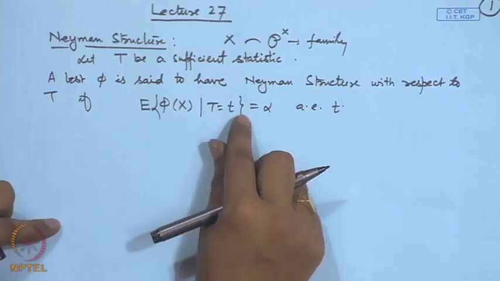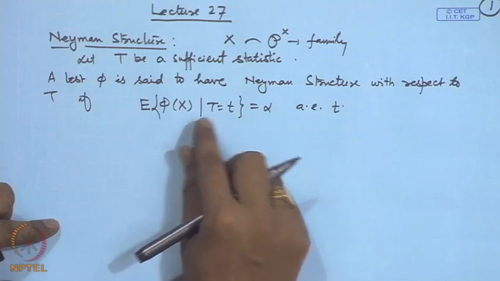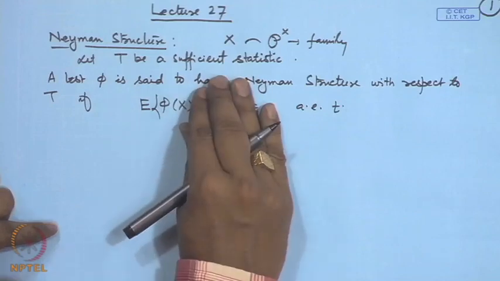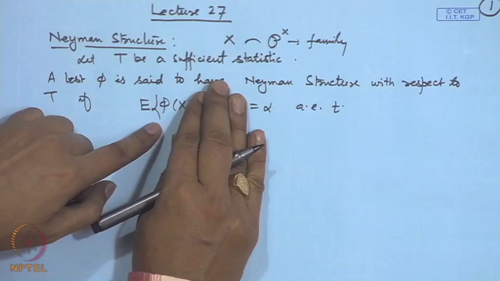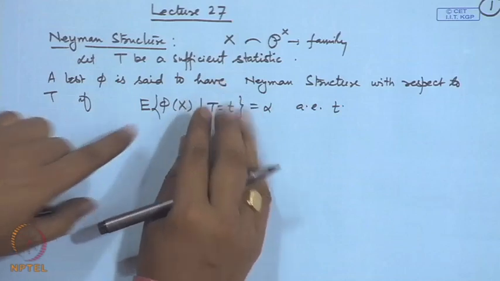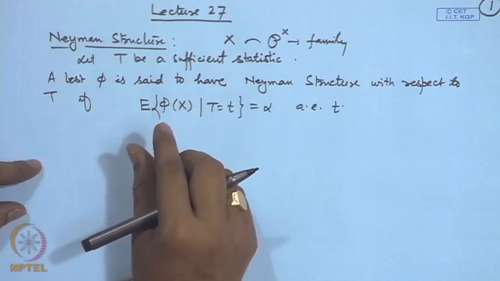Now, what does this condition represent? If I consider simply the expectation of phi(x), then this is nothing but the power function: for theta in the null hypothesis parameter set, it denotes the probability of type 1 error, and for theta belonging to the alternative hypothesis set, it represents the power of the test.